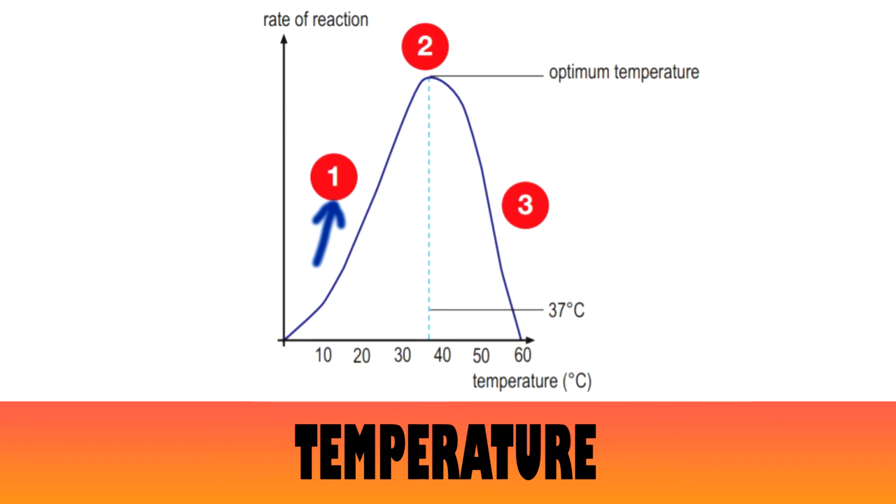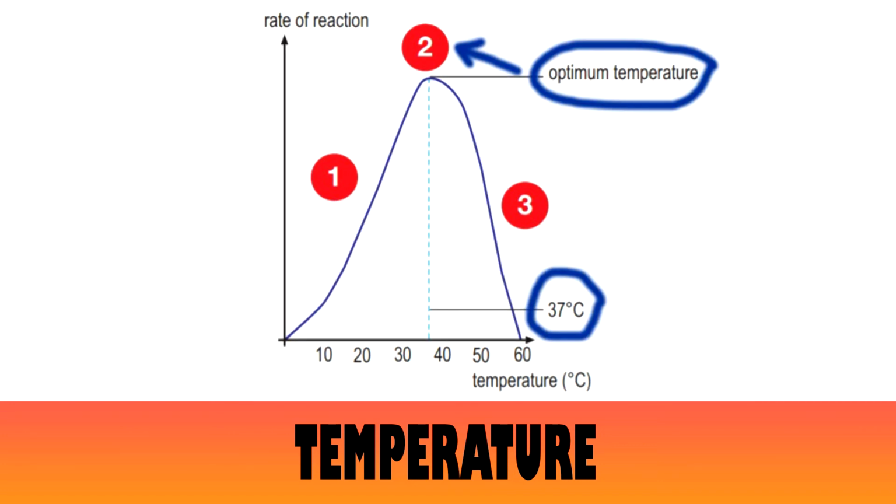This increases the frequency of effective collision between the substrate molecule and enzyme molecule. The rate of reaction between enzyme and substrate molecule increases with every rise in temperature of 10 degrees Celsius. The rate of reaction controlled by the enzyme will double until it reaches the optimal temperature.